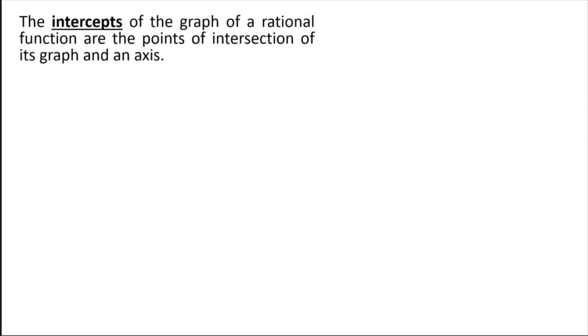Intercepts and zeros of rational functions. The intercepts of the graph of rational functions are the points of intersection of its graph and the axis.